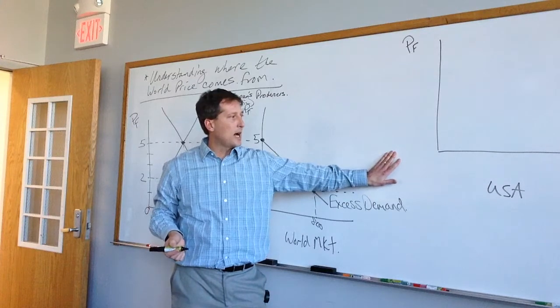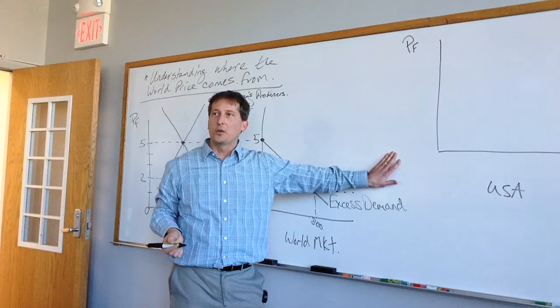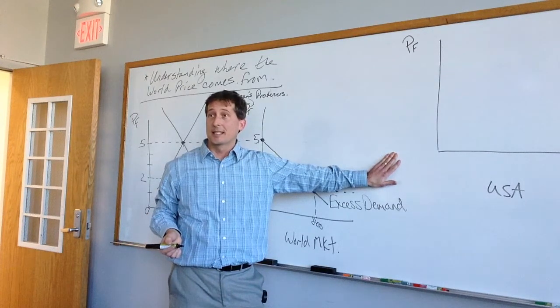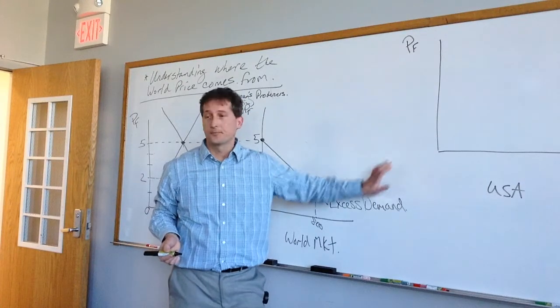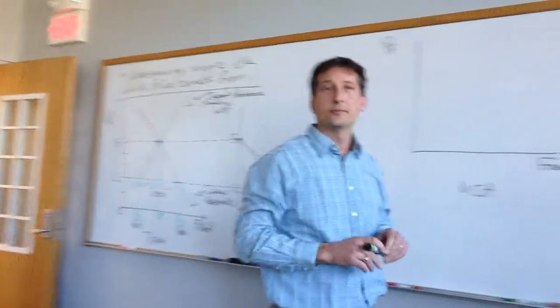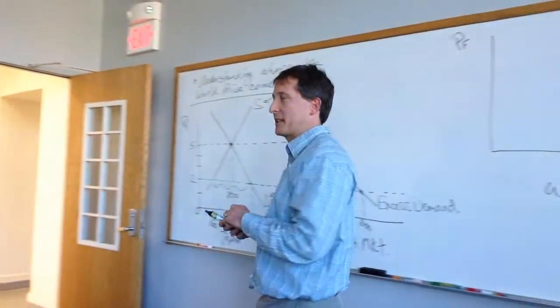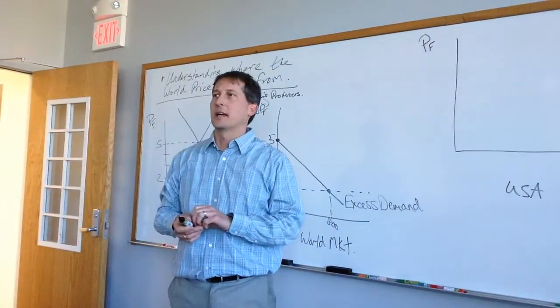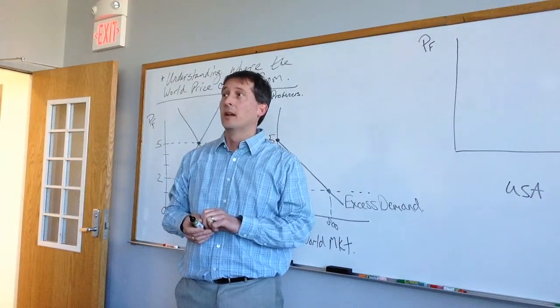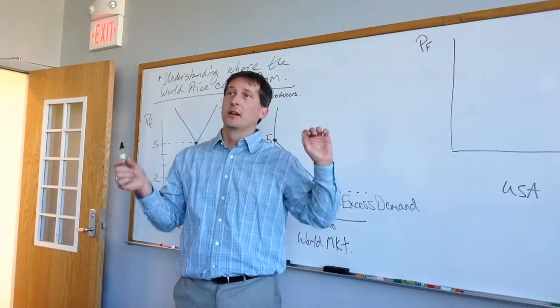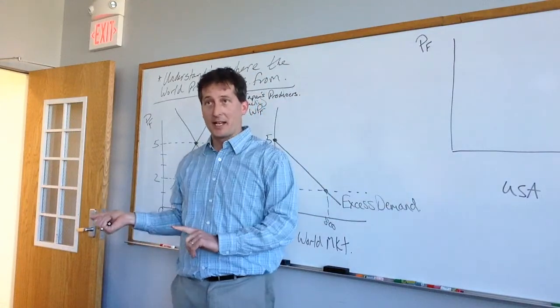What was the opportunity cost of food in the United States? One of the very first things we did, I think, when we set this up last time. 2, right?